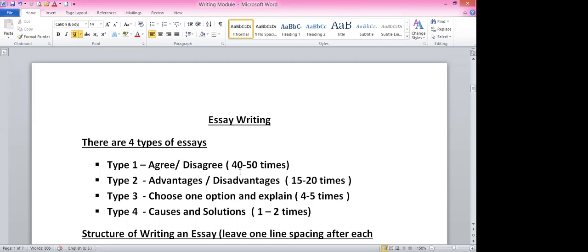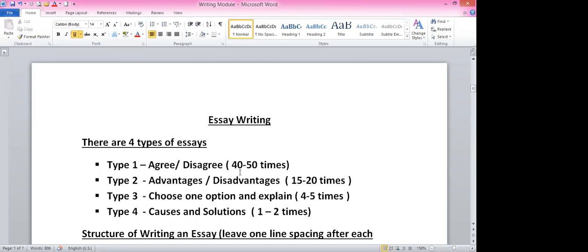The last type is about causes and solutions. Here they're going to give you a serious problem that the country is facing, or a problem that society is facing these days, like addiction to technological gadgets, or problems like pollution, problems like malnutrition, all these kinds of serious problems they might give you.